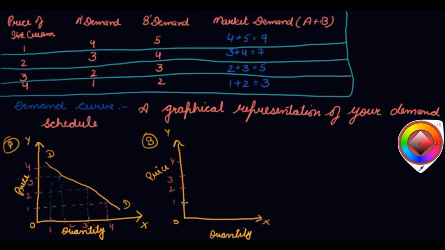At price 1, B demands 5. At price 2, B demands 4. At price 3, B demands 3. And at price 4, B demands 2. So this is the demand curve of B.